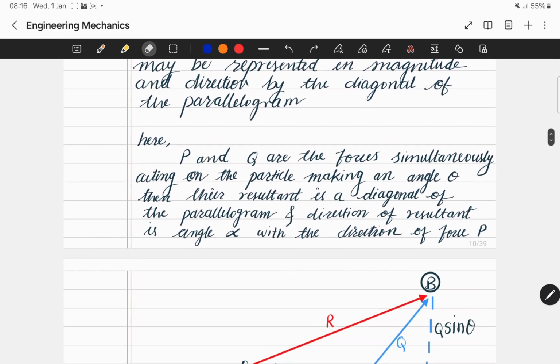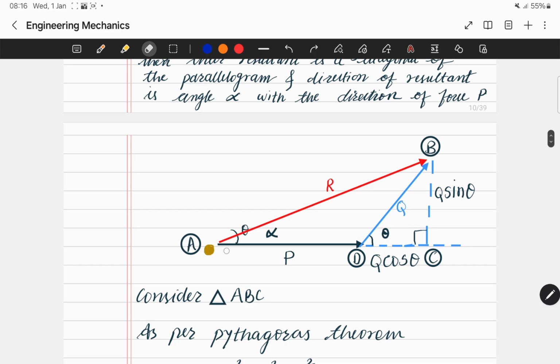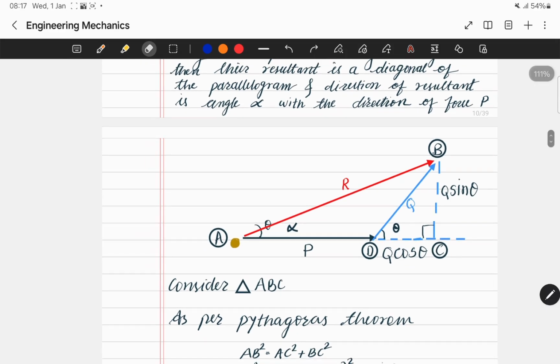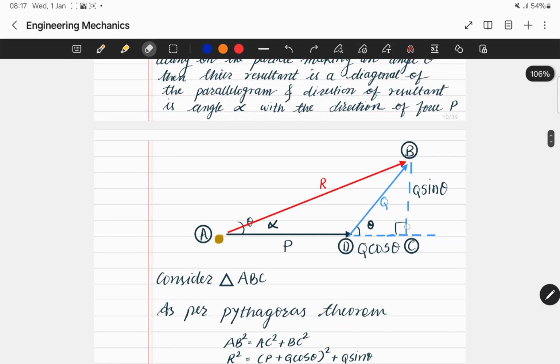If we see, the force P is here. At the end point of P, I have drawn this force Q, which is parallel to the initial force that was here. That is nothing but Q. Like this, we have formed a right angle triangle here. So this is P, this is Q, and the angle theta is there.